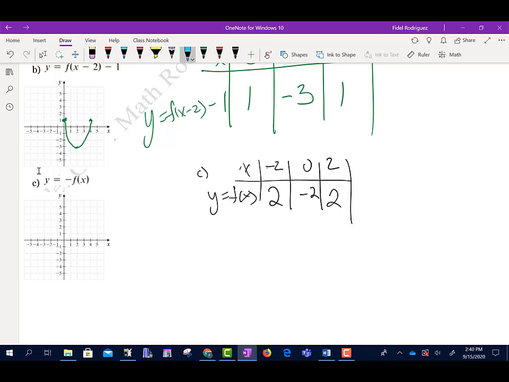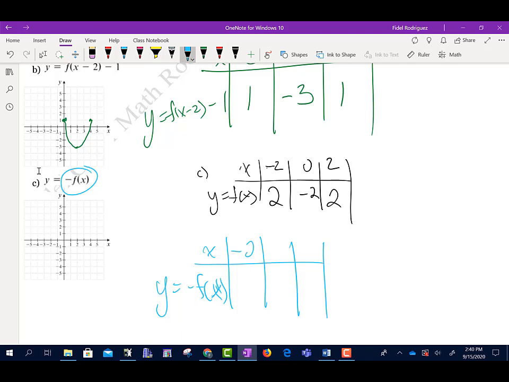Okay. Now we're going to make one for this part, right? So again, if you notice, where's the negative sign? It's on the outside. So since it's on the outside, guys, my x values are not going to change. My y values, all I'm going to do is change their signs.